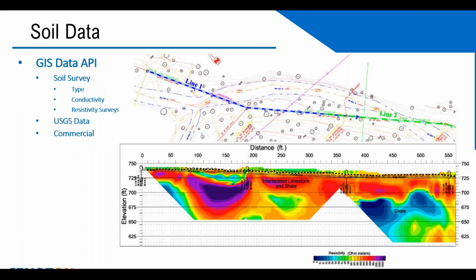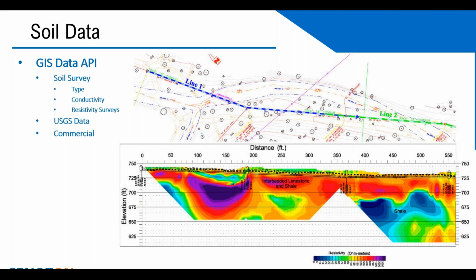Survey data, so we do host soil surveys in our system as well. So the type of survey, and more specifically, conductivity and resistivity. We've also worked with USGS data, and again, at a macro level, quality is decent, but at a micro level may not be suitable.